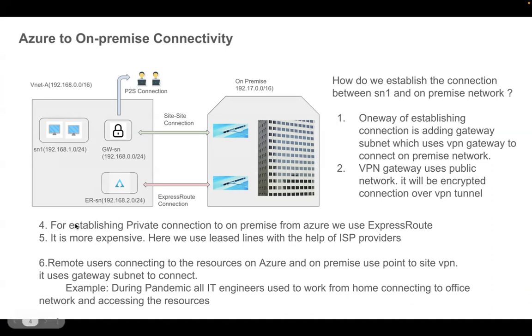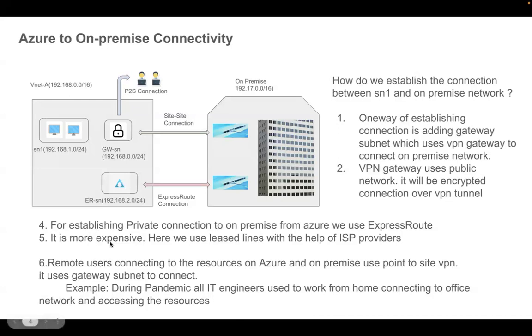The second approach for establishing a private connection to on-premise from Azure is to use express route. This is the most famous, more widely used one. In this scenario, we are creating a new subnet, that is the express route subnet, and we use leased lines between the on-premise and Azure.